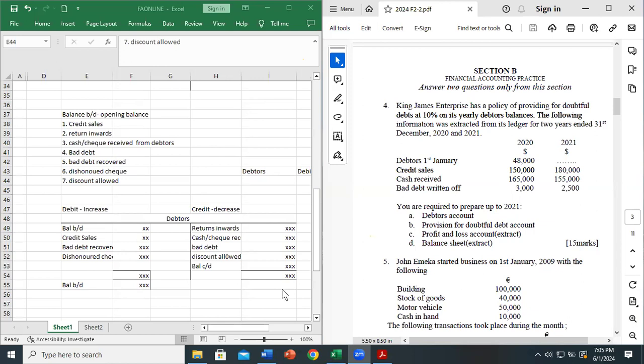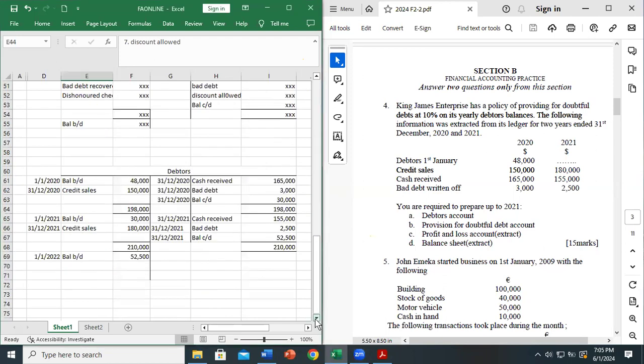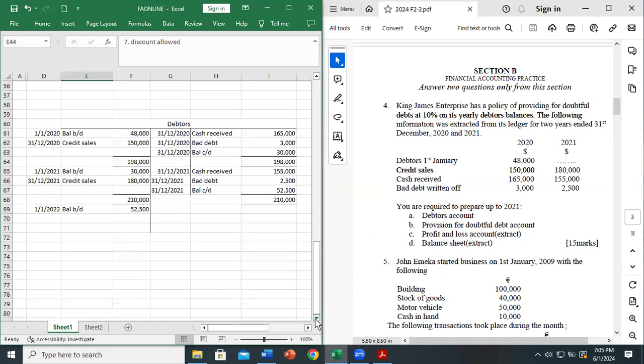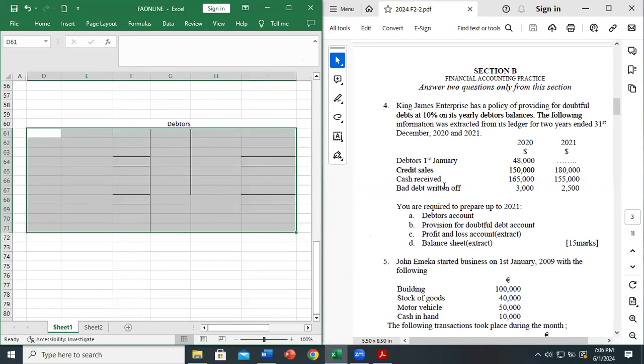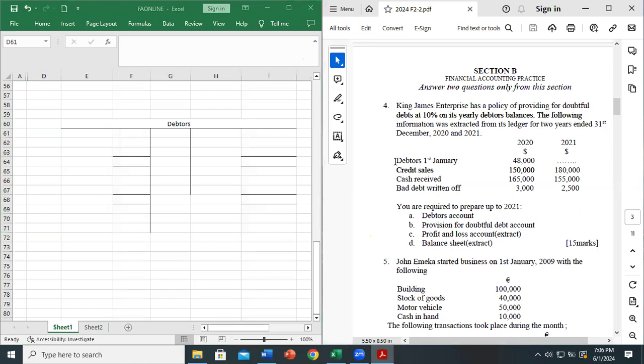So let's use that information to solve the question by way of preparing the debtors account. Let me erase this so I'll go over. If you check the question, your focus to prepare your debtors account is only centered on this area where you have the items to prepare the debtors account.